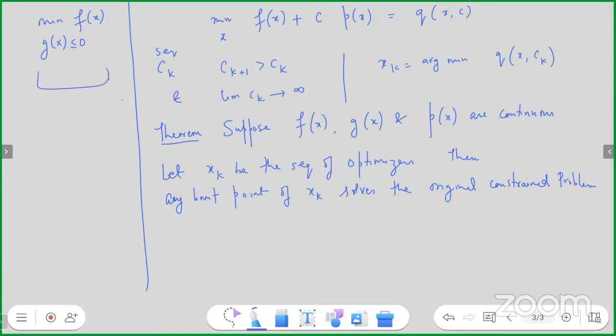Let's call this script P. So what do I need to show if such a claim has to be made? That the limit point is feasible and its value is at most the optimal value of my program script P. Both need to be satisfied. Right? So far, so good. Hardly any assumptions or technical conditions. All we are asking is for f, g, and p to be continuous.